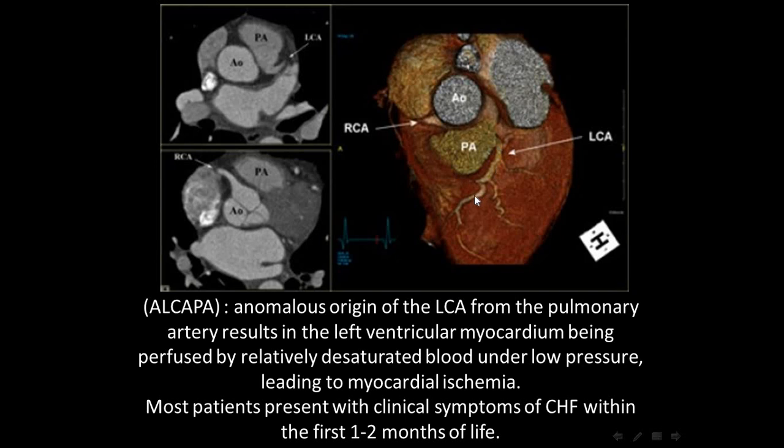The right coronary artery is okay, coming from the aorta. The right one is okay, but the left one here is coming from the pulmonary artery. So it's receiving desaturated blood under low pressure. The presentation is usually within the first 1 or 2 months of life with congestive heart failure.